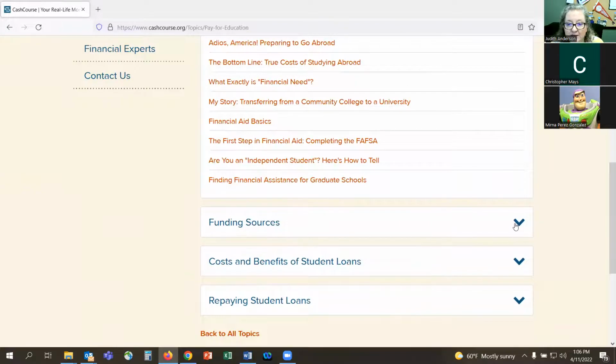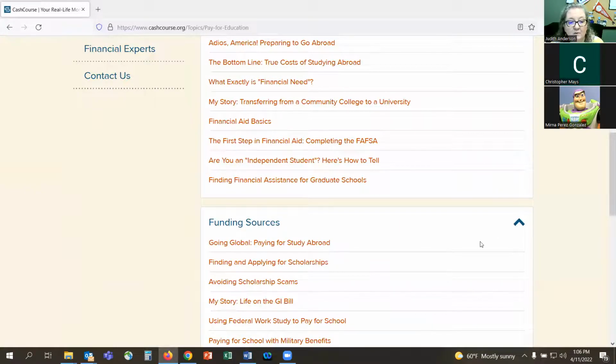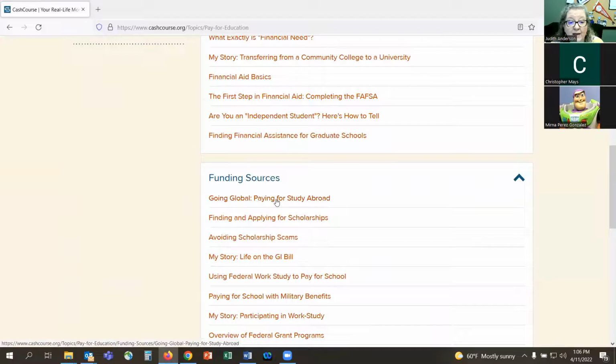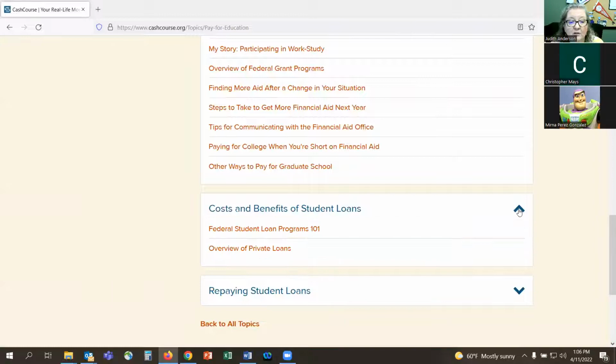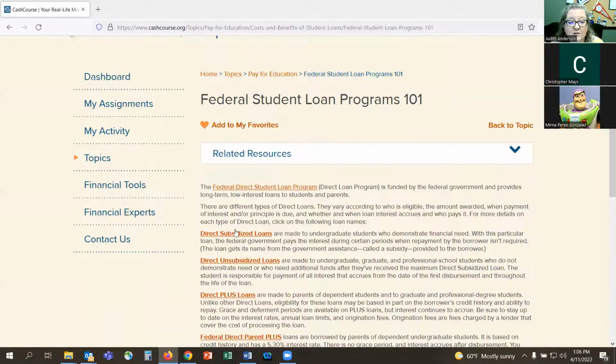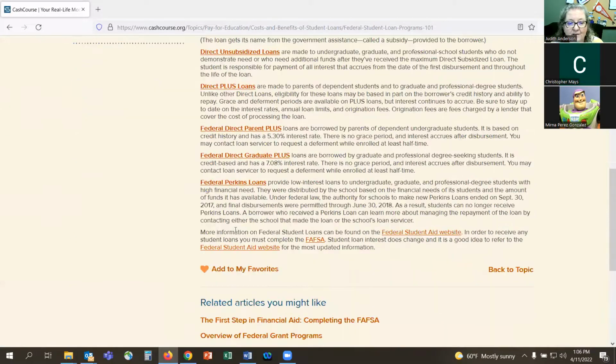There's funding sources, from everything from paying for study abroad to using military benefits to work study, and then costs and benefits of student loans. So here's a quick tutorial on what student loans are and the different types.